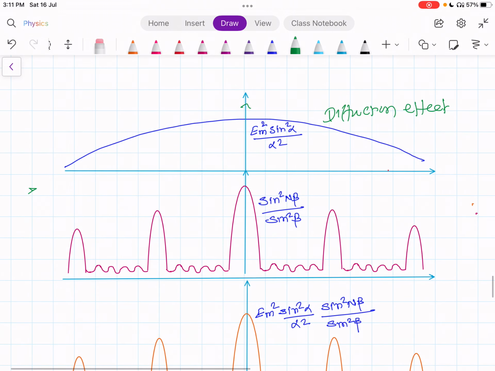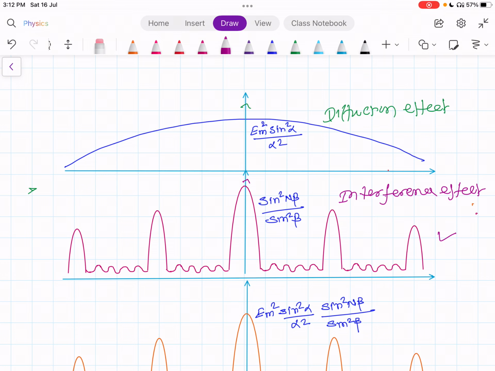Then there is an interference effect. This one is the interference effect. For the interference effect, the intensity is sine square n beta upon sine square beta, and whose graph is this.